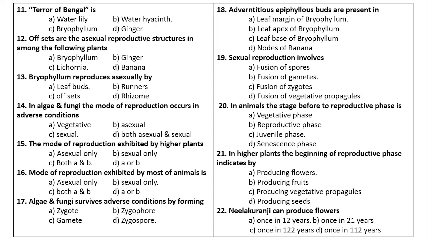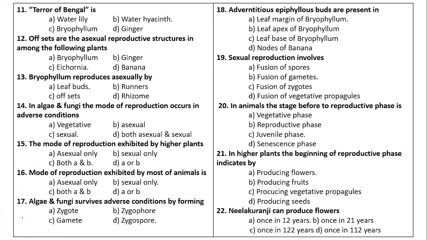In the previous video I showed you in the diagram, I have drawn it and shown you, that the leaf buds in Bryophyllum will be present at the leaf margin. Is that clear? So the adventitious epiphyllous buds of Bryophyllum are present on the leaf margin. That is the first option, leaf margin.